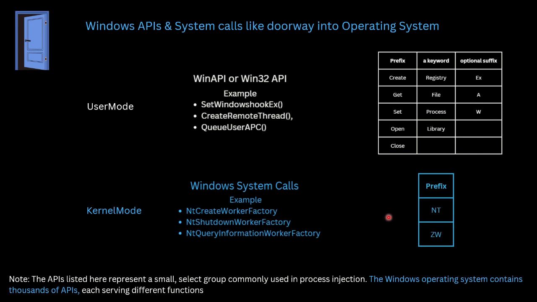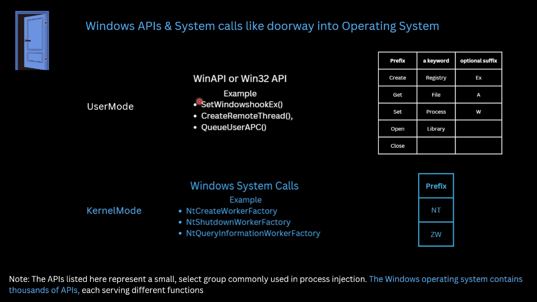And the prefix, they will start with NT or ZW. So that's about the Windows APIs and system calls. Just remember that APIs are like doorways, as I gave you the example of a restaurant. The waiter, when he's serving you in the dining area, gives you the menu card, you order something, he goes back through the door into the kitchen to get the order for you.